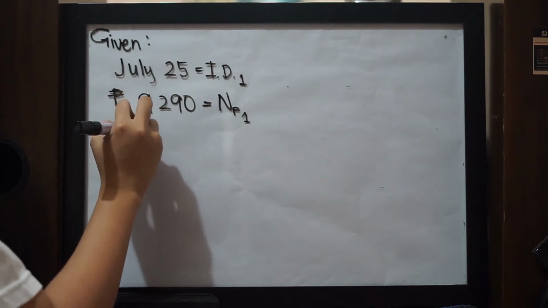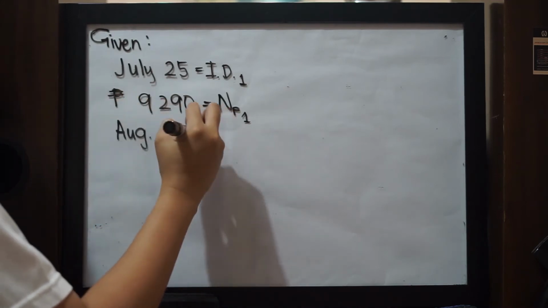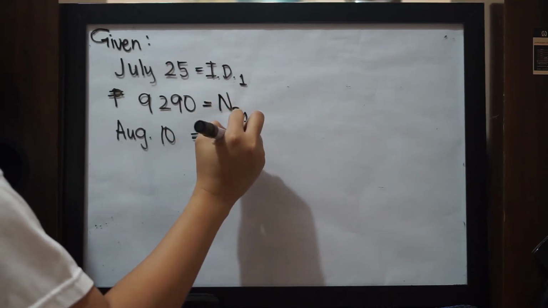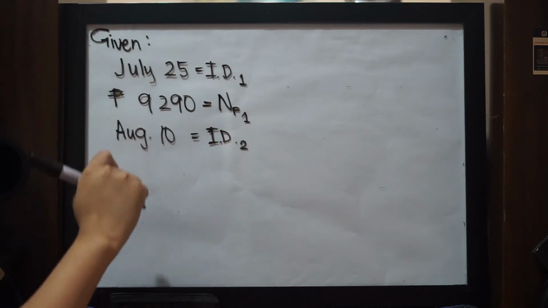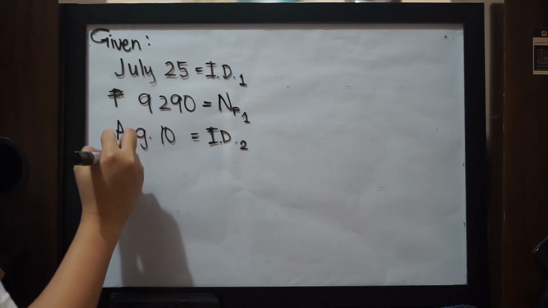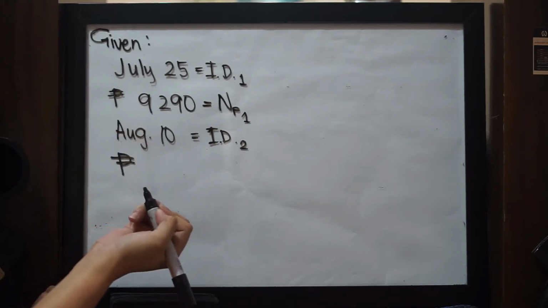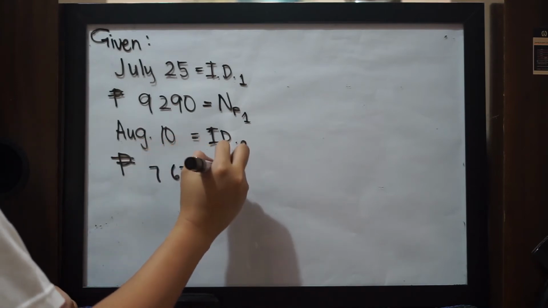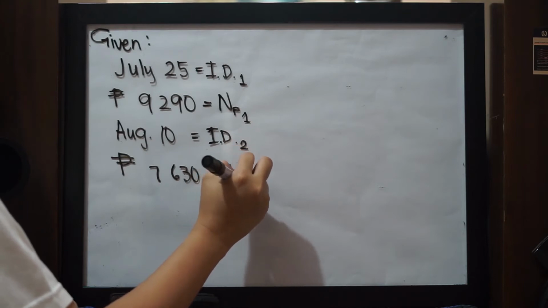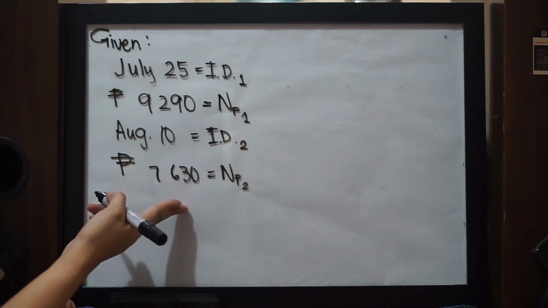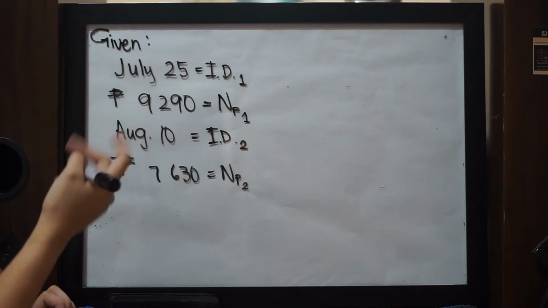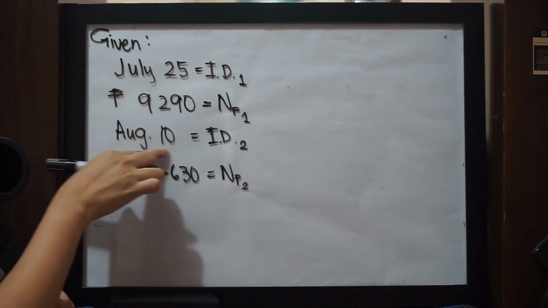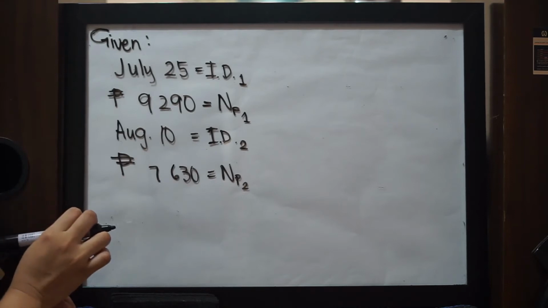Next, we have August 10 as the invoice date sub 2 or yung pangalawang receipt. Then, we have the amount as 7,630, the net price sub 2. Kasi ito yung net price for August 10 or yung price na nakalagay sa invoice ng August 10.